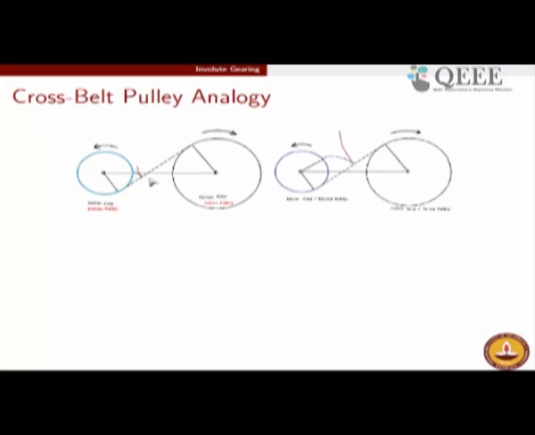So what we have here is two pulleys which are connected through a cross belt. In this case, the bigger pulley is rotating in the clockwise direction and the string is being wound around this bigger pulley. So in the sense of the pulley, this is the driver pulley, and in the smaller pulley case, the string is being unwound, right.